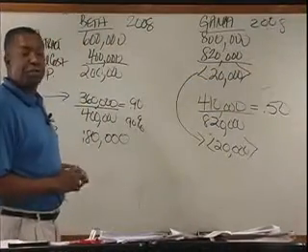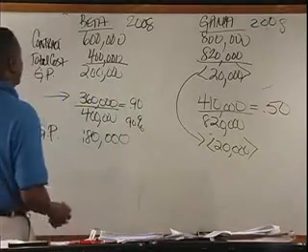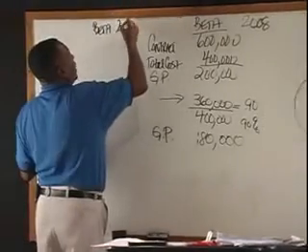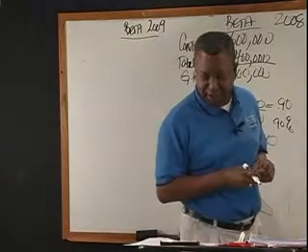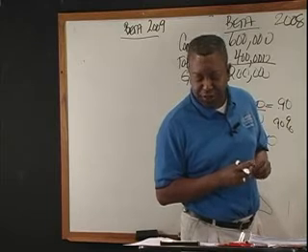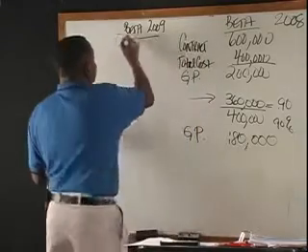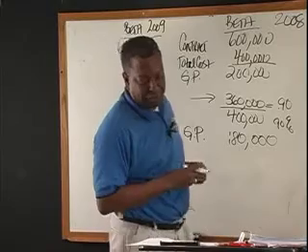Let's move to 2009. Okay, so I'm going to do Beta over here and just keep all the columns the same. So now the contract price is still $600,000. However, now look in 2009.